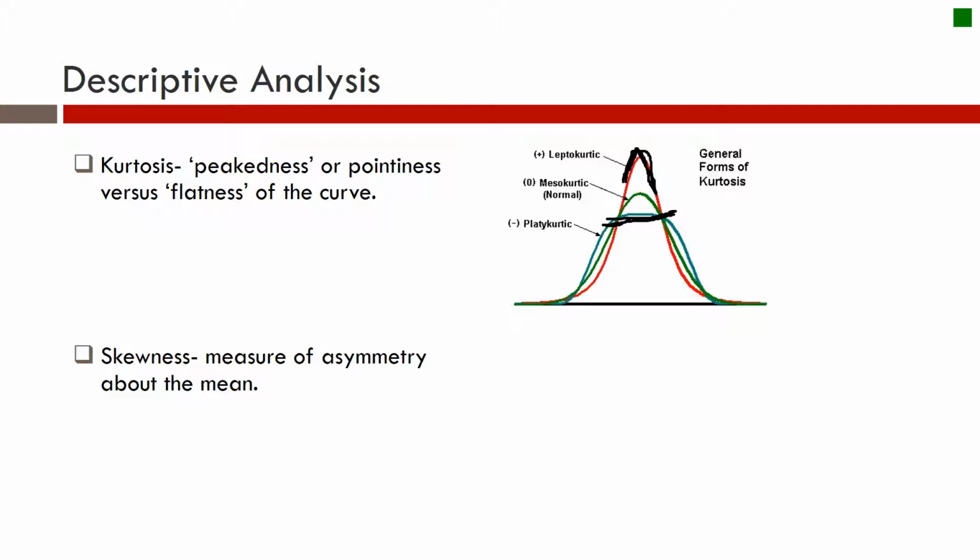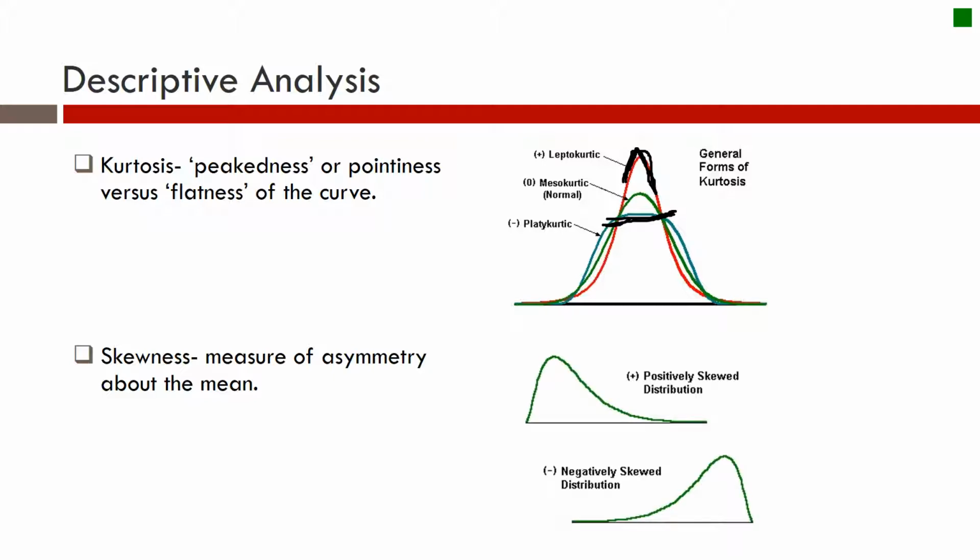The other issue we deal with is skewness. If one part of the distribution is more heavily weighted than another, that's an issue we want to be concerned with.